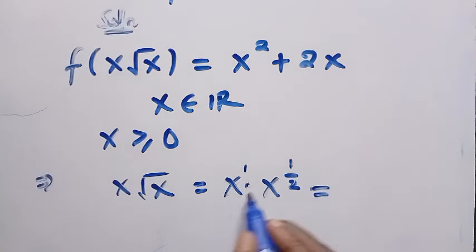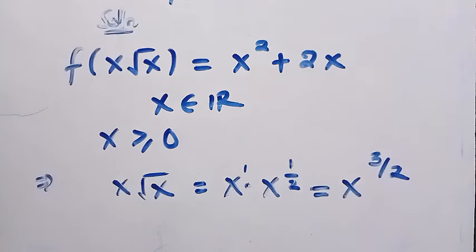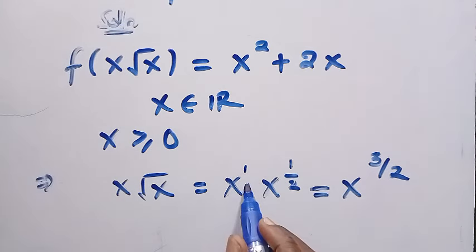By applying the rule of indices, we have x raised to the power of 3 divided by 2. Multiplication changes to addition because we have the same base, so we add the powers together.